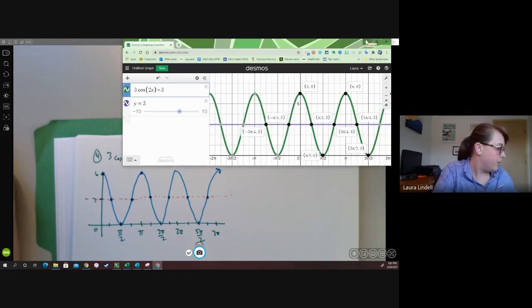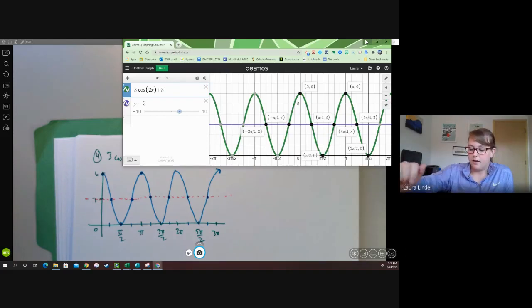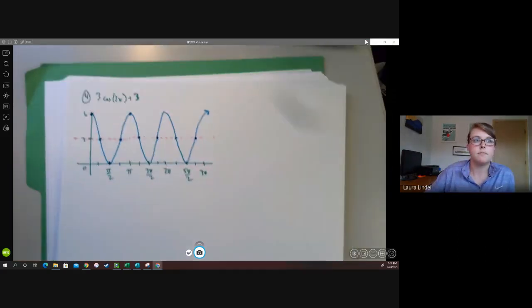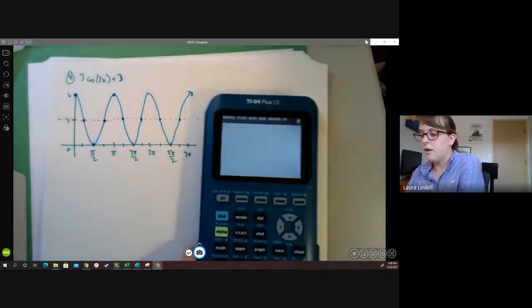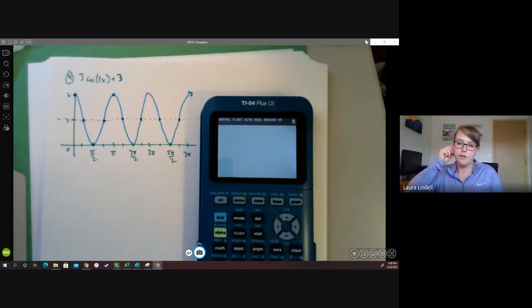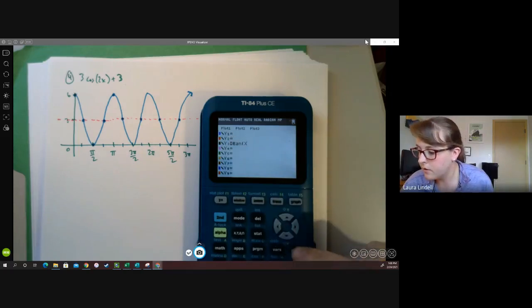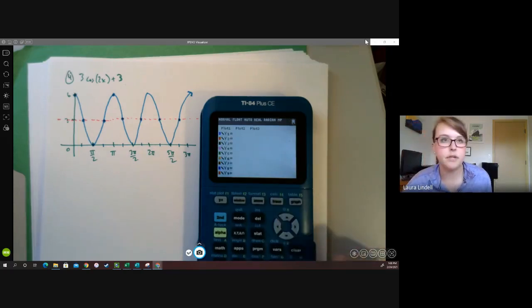But anyway, for those of you who have TI calculators, you can do a very similar process using that. So I'll show you guys real quick how you would do it on one of those. All right, the first thing I would do, graphing on a TI, you would go to y equals, and you would type in your function.